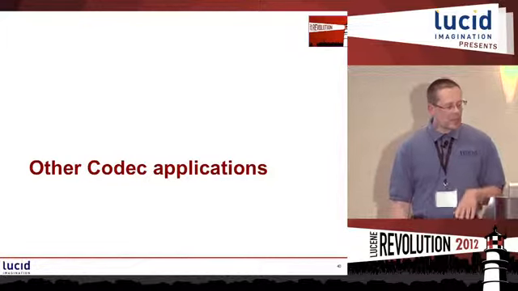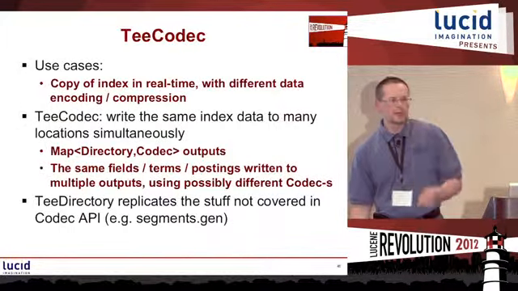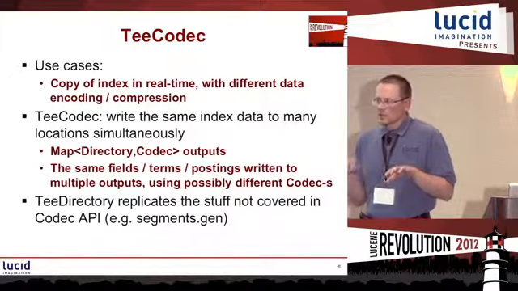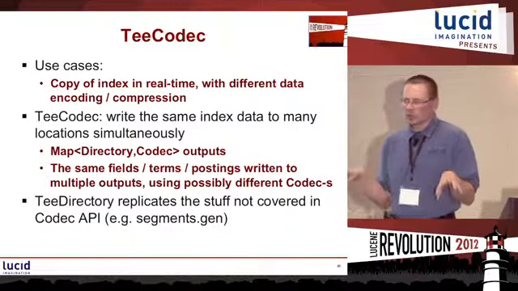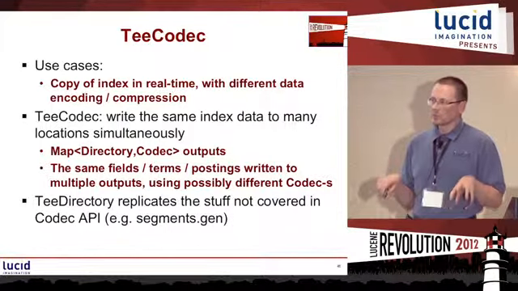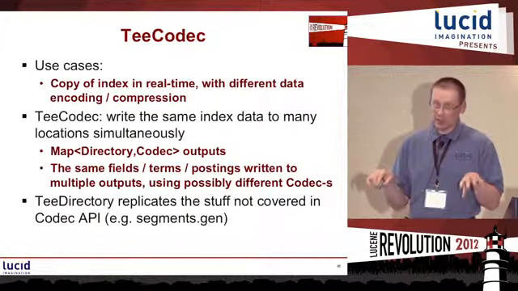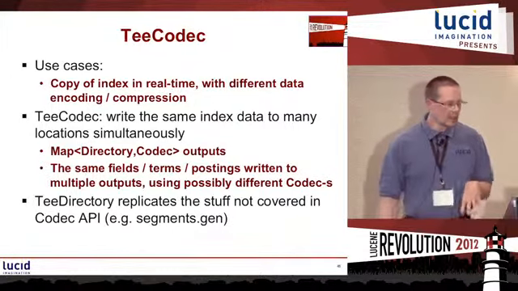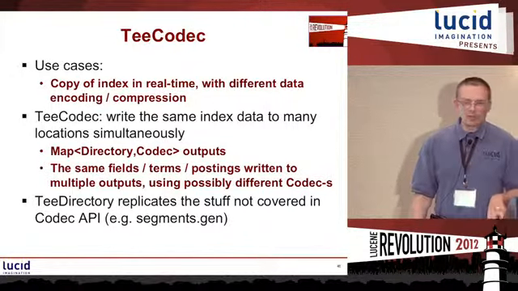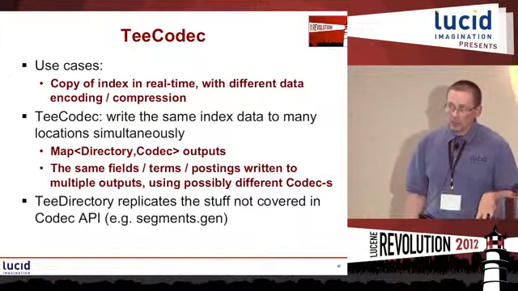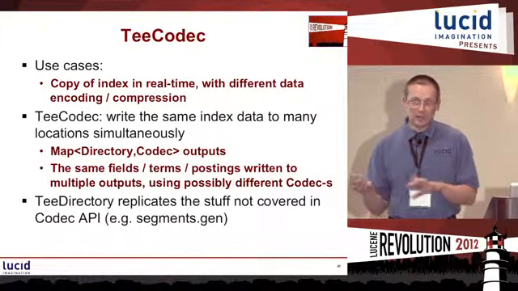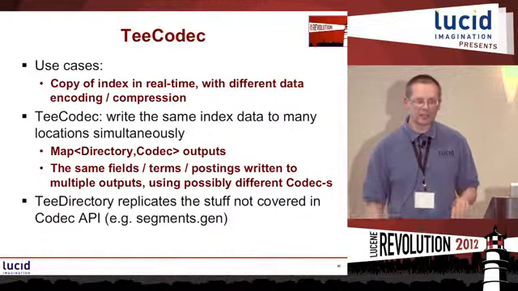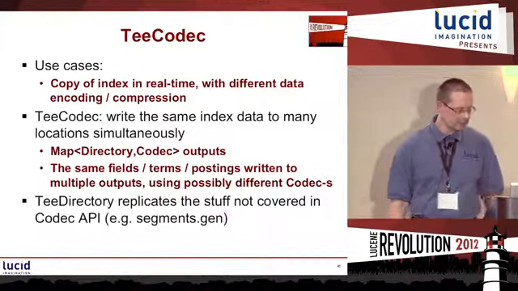For example, I implemented a T-codec, which writes data as you keep indexing. It writes data to multiple locations, possibly using different encodings. There's also a little utility class that I wrote, a T directory, that simply mirrors the data that is still not handled correctly by the codecs.